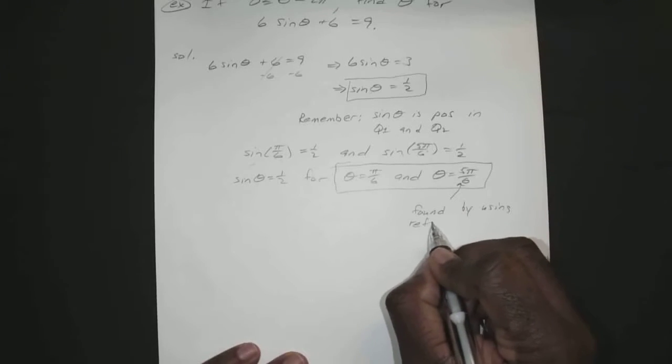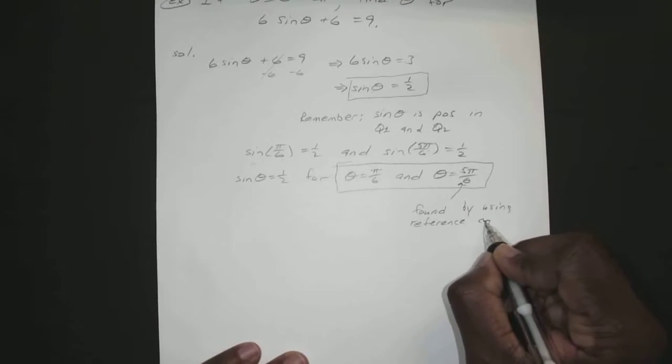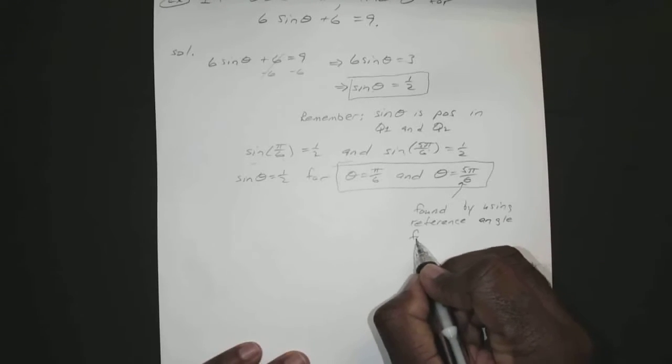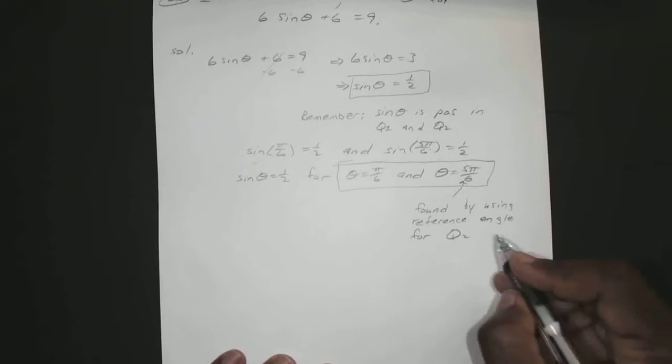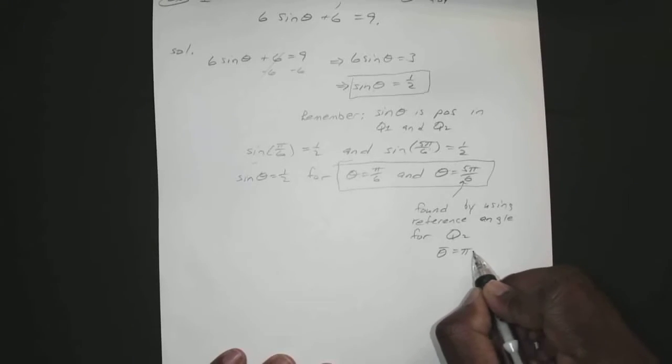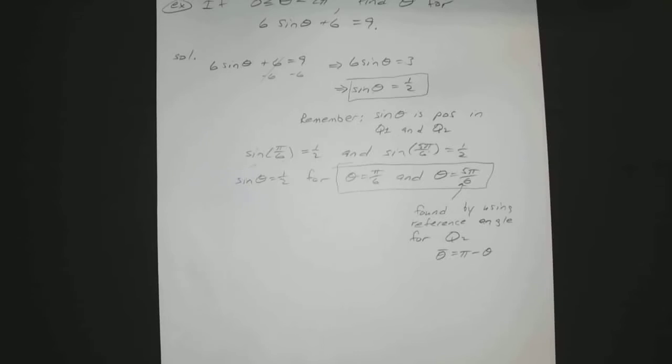So it's found by using the reference angle for quadrant 2, pi minus theta. All right, so any questions on that one? So we have 2 answers? Yep, you have 2 answers on that one. So whenever they give between 0 and 2 pi, it can sometimes be true in just one quadrant. Sometimes it'll be true in more than one.